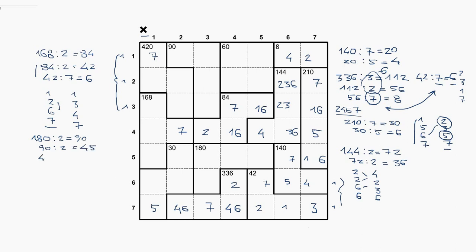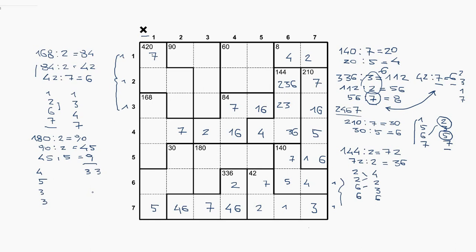And 45 can be divided by, for example, number 5, and the result would be 9. This is a 3 and 3. What are the combinations? Let's see what we can do here. Here can be, for example, number 4, 3, 3, and 5. These two 2s, 4, 5, 3, and 3.